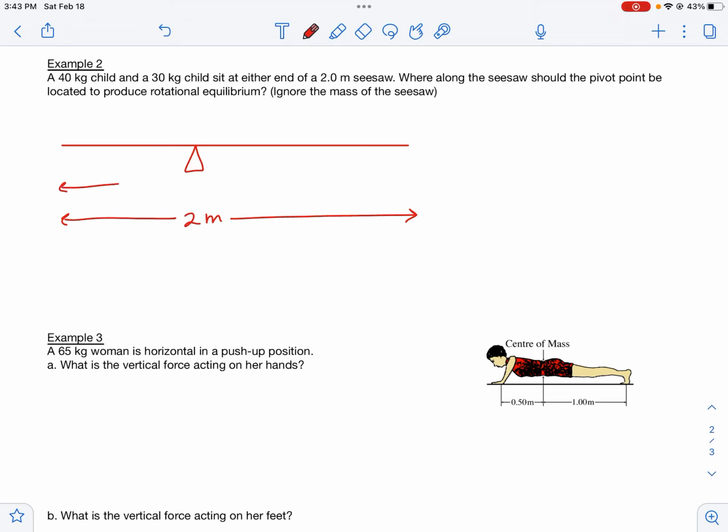I don't know these dimensions, but I do know that if I call the distance to the pivot point x, then the other side I would call 2 minus x, and I'll be using that later. Then I've got 2 kids on this seesaw. One has a mass of 40 kilograms, and the other has a mass of 30 kilograms.